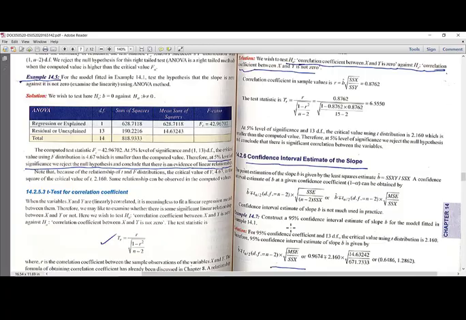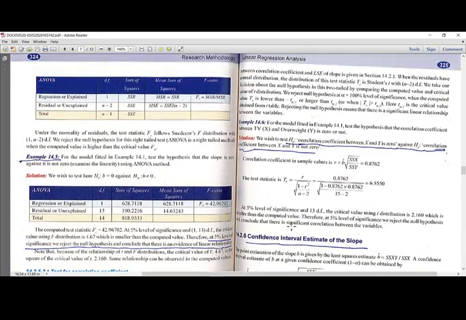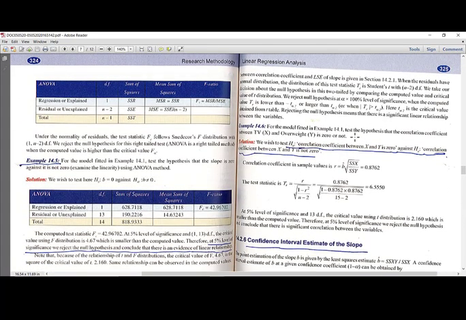Now, if we continue with the same problem, let us test the hypothesis that the correlation coefficient between the number of hours of TV watching and overweight of the children is 0 or not. The null hypothesis we have taken as the correlation coefficient between x and y is 0.